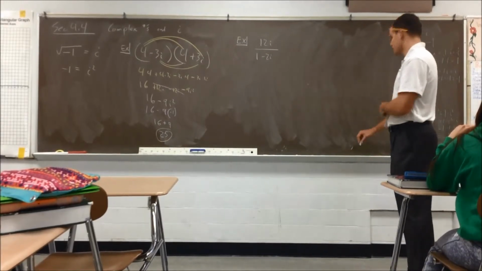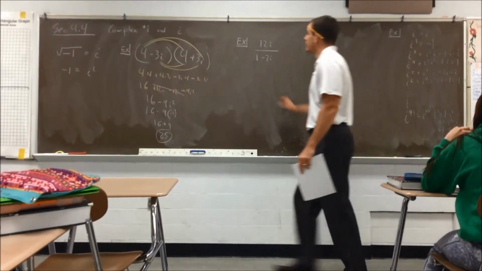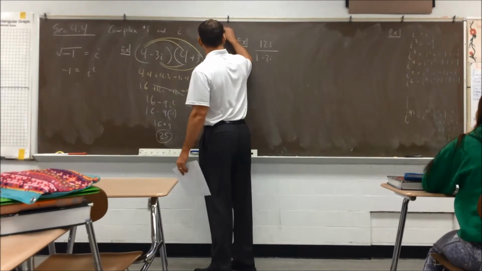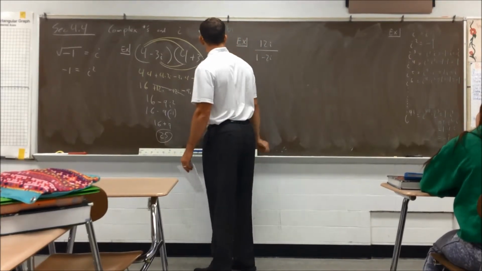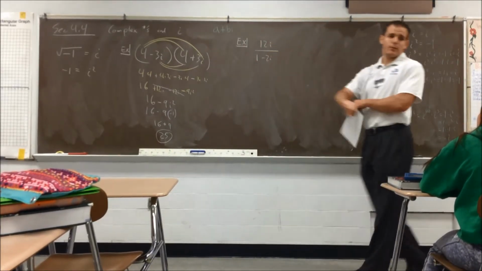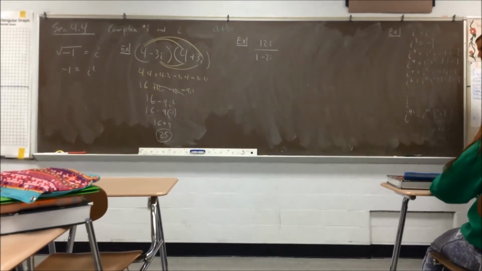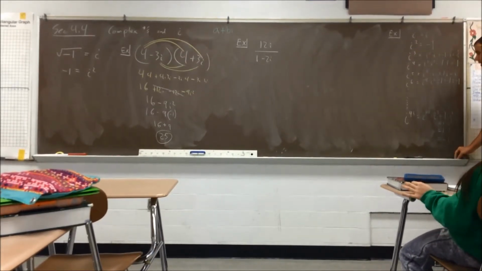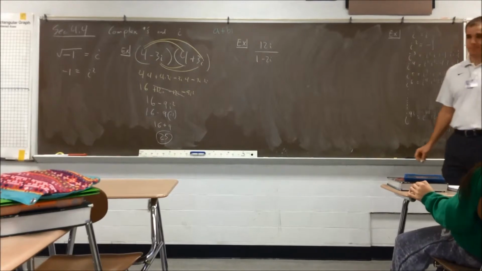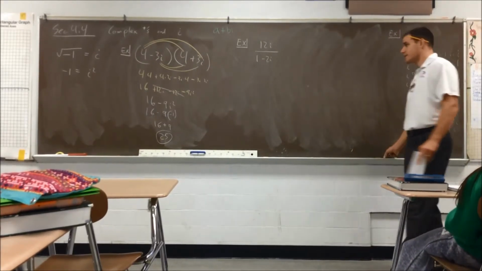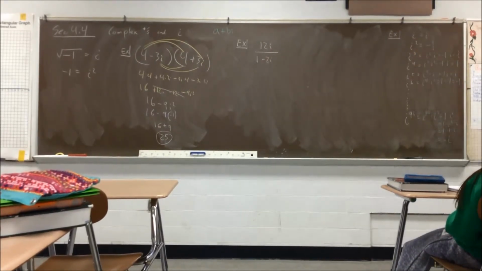Normally complex numbers are written as a plus bi. This is not an a plus bi form, is it? We have a square root on the bottom, we got an i on the bottom, and we got to get rid of that. So we're going to have to multiply the top and bottom by something, but it's got to be the same number.